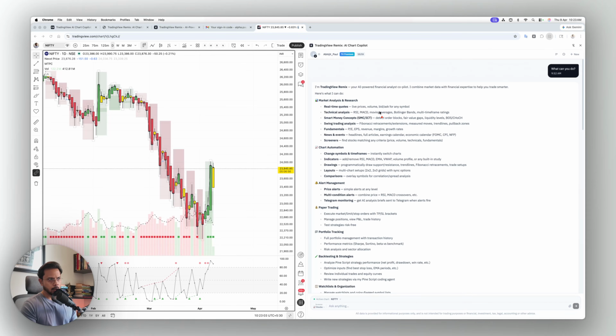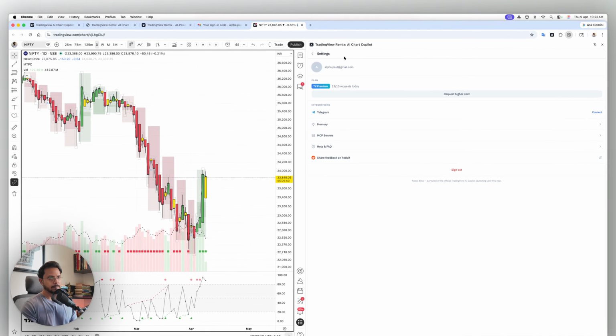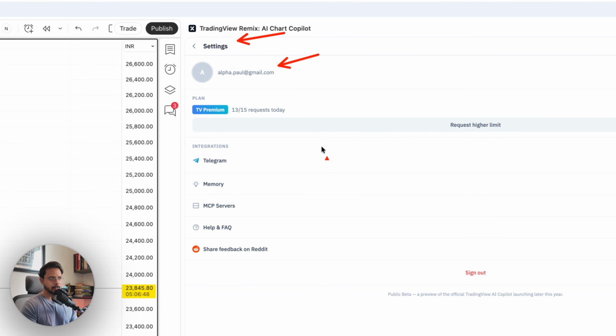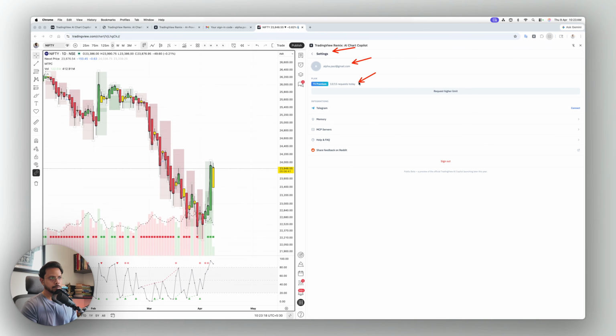First and foremost, on the top, I can see probably that's my name, and this is the settings. As you click on it, yes, it is the settings. I can see my email address. And then I can see that TV Premium, which is TradingView Premium, 13 out of 15 requests today. So probably as of now in the beta stage, they are allowing us a max of 15 requests per day.